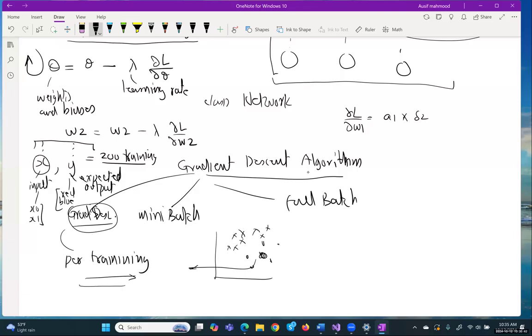Then we go back and apply the update, theta equals theta minus lambda partial L over partial theta. So per training example, we update the weights and biases. That's the normal gradient descent algorithm without any batch being involved, the regular gradient descent.